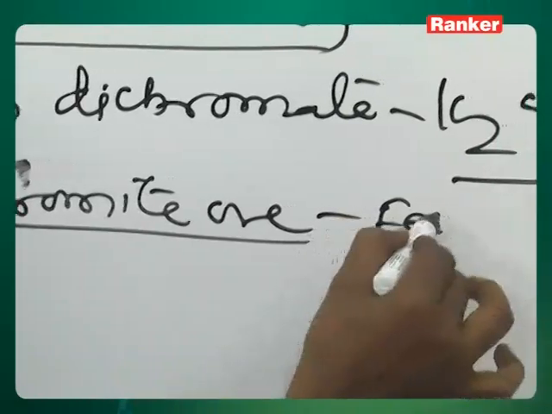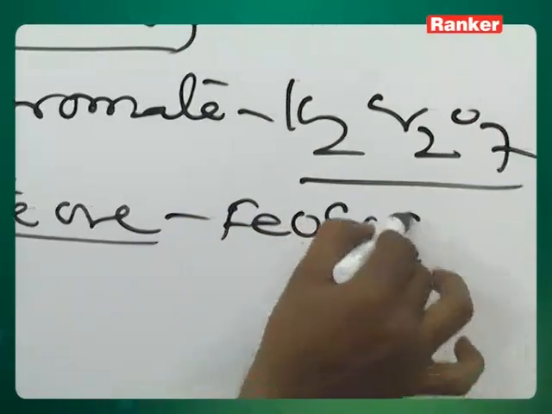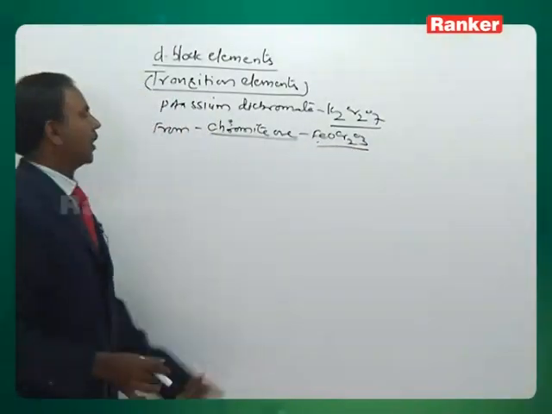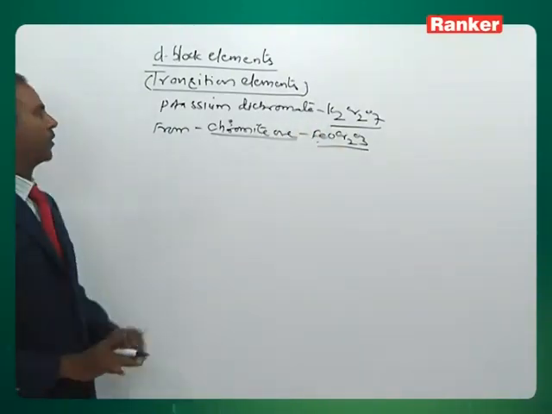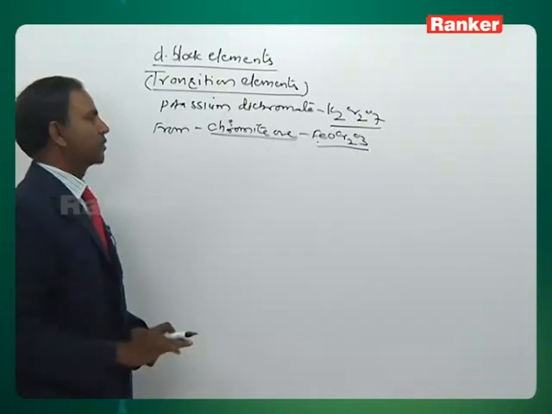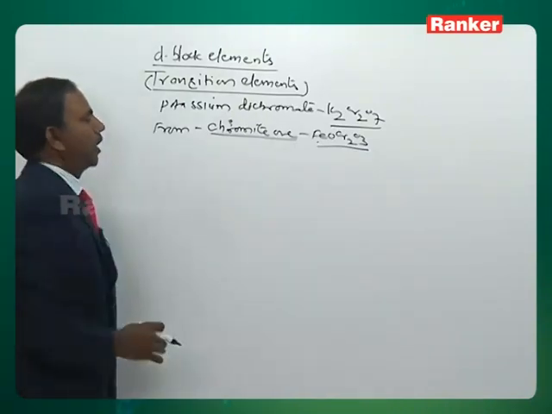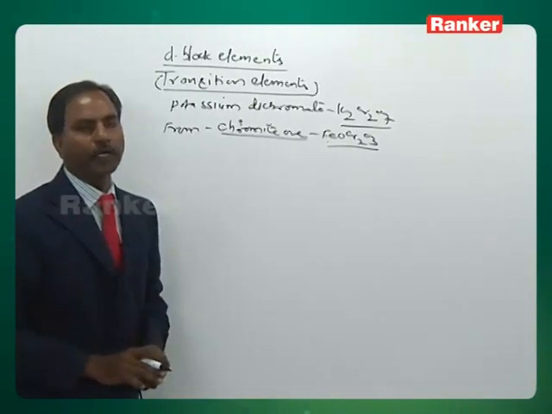You know the formula of chromite ore, FeOCr2O3. Potassium dichromate from chromite ore we can prepare in 3 steps.